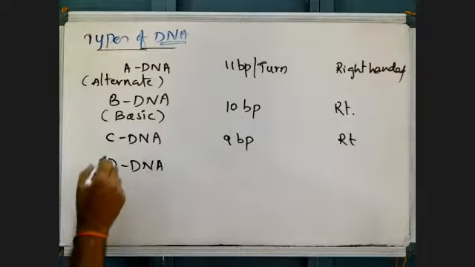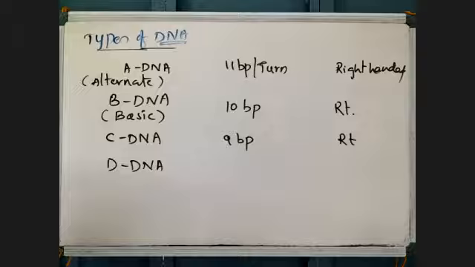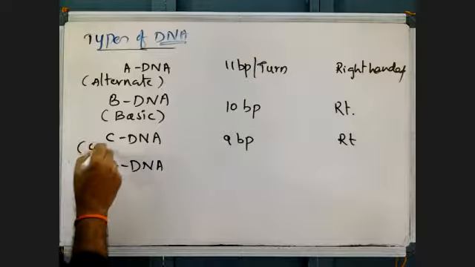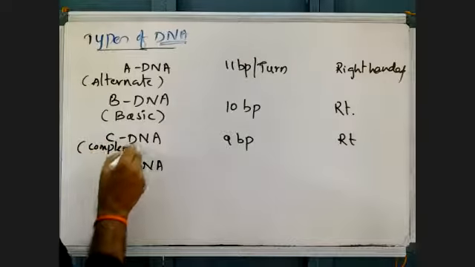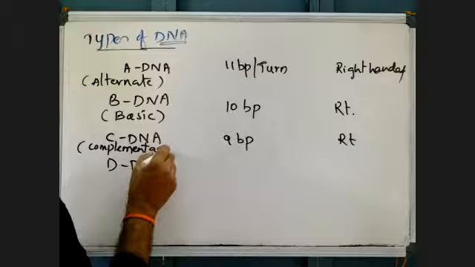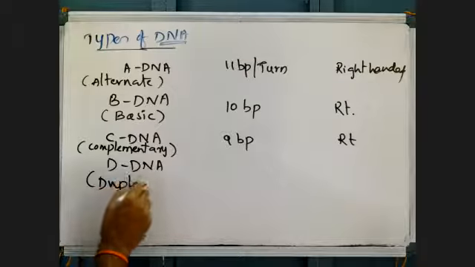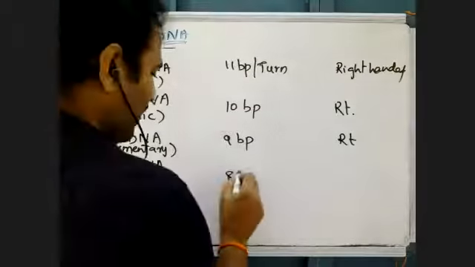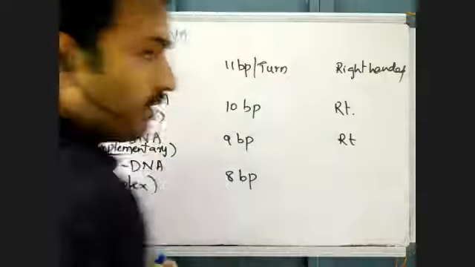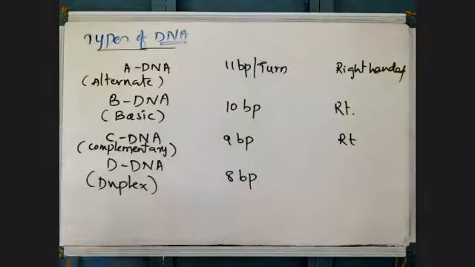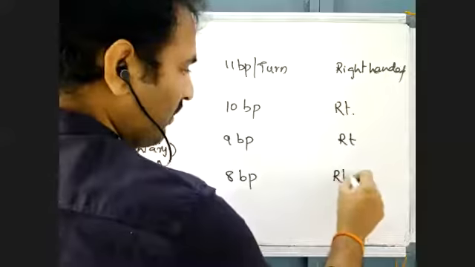C means complementary DNA. dDNA stands for duplex DNA that has 8 base pairs. That is also right-handed.